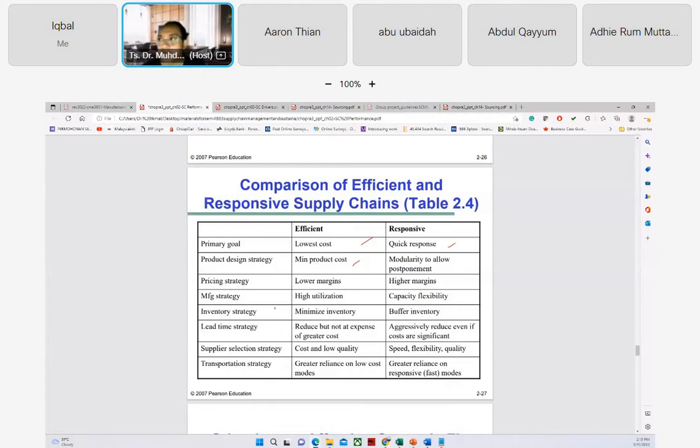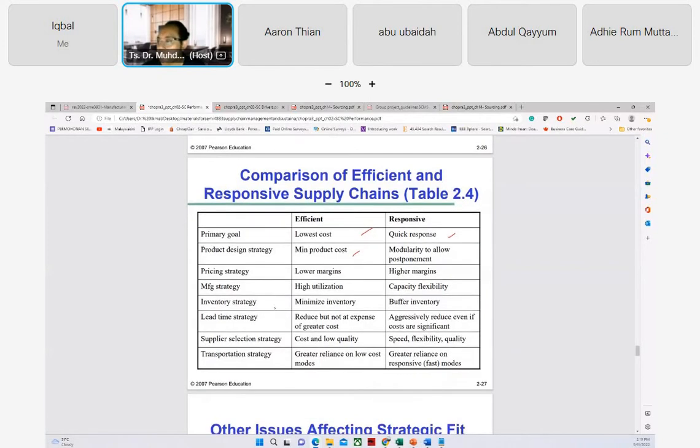Some customers want a quick response, but some intentionally want to delay the response, for quite a few reasons. But when you talk about pricing strategy, again, lower resources, lower margin, and then also higher margin is required.